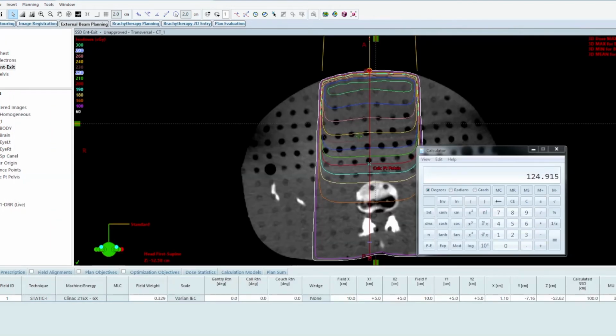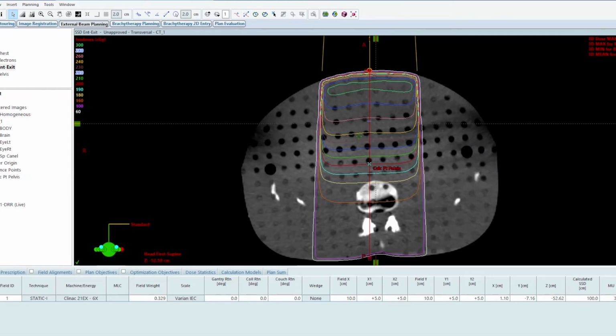Okay. I'll use my ruler to measure 18.5 from the central axis down through the calc point.